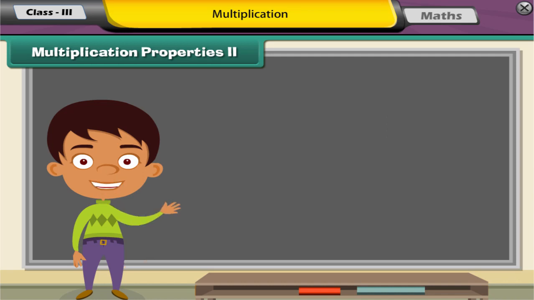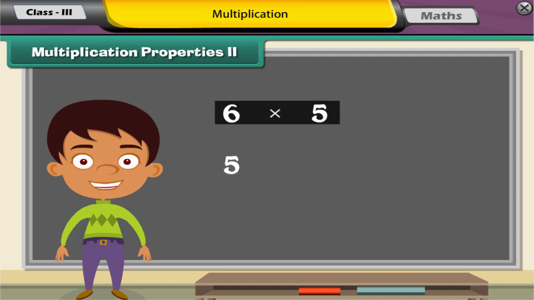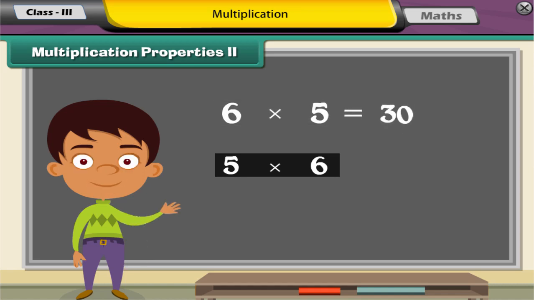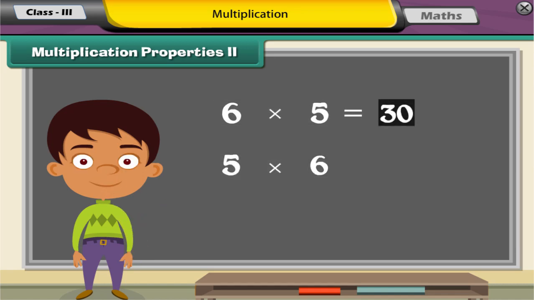Multiplication Properties 2. Here is another property of multiplication. Take 2 numbers, 6 and 5, and multiply them. We can multiply these numbers in 2 ways. We either multiply 6 by 5 or multiply 5 by 6. 6 into 5 is equal to 30. 5 into 6 is equal to 30.